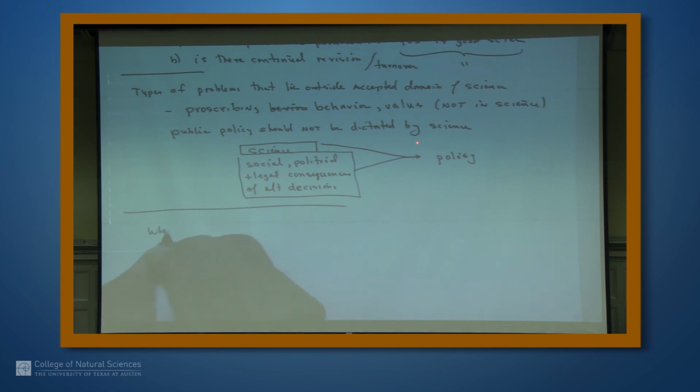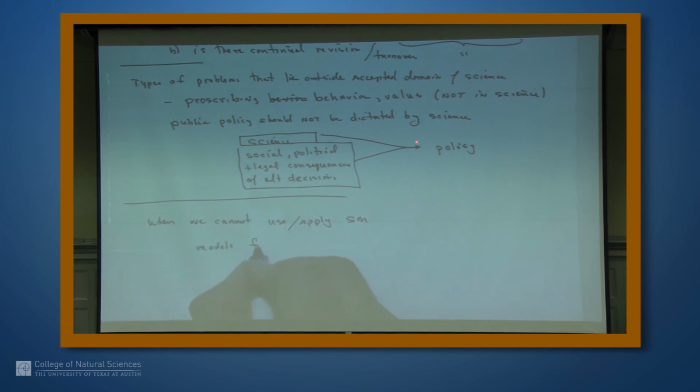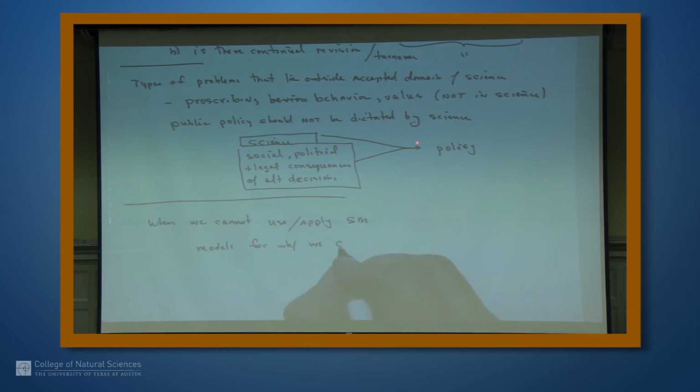And then the last point is there are times when we cannot use or apply the scientific method. There are models for which we cannot get data, at least at the time.